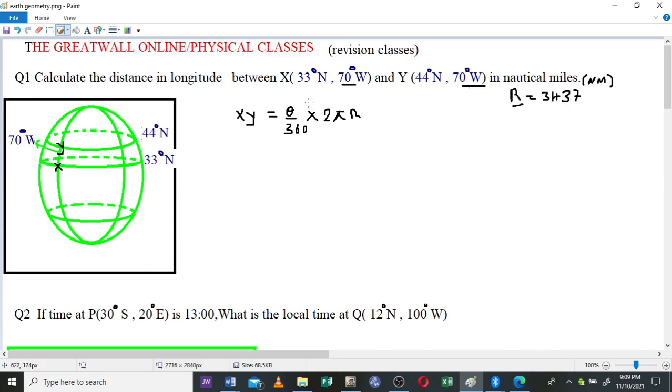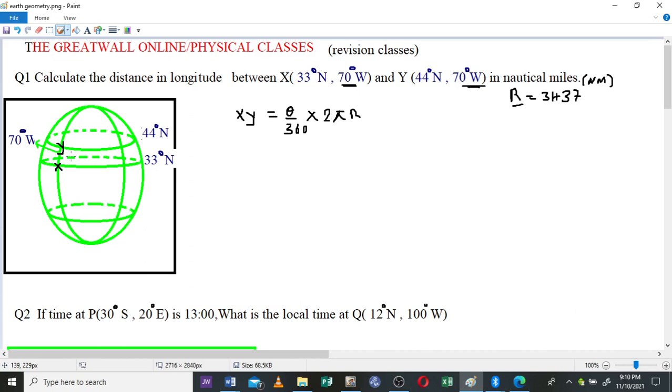Cool. So 70 degrees west and 70 degrees west, this is telling you that the two points X and Y are lying on the same longitude but on different latitudes, and that's what you can see from the diagram. This diagram you will not be given.